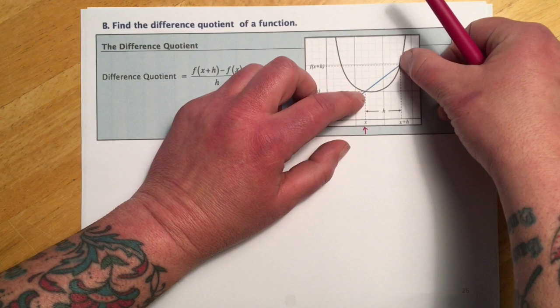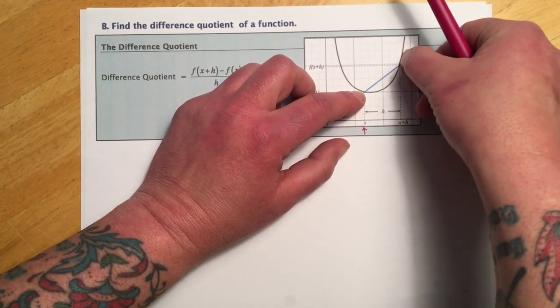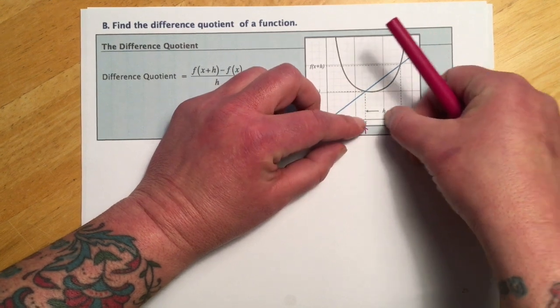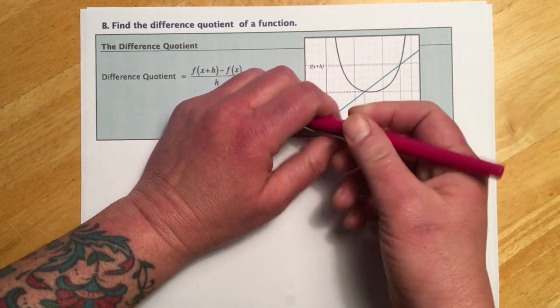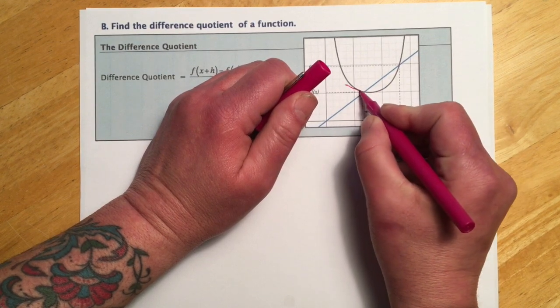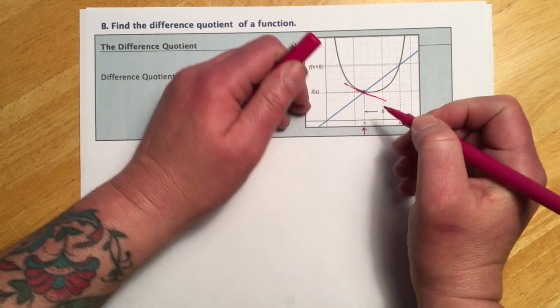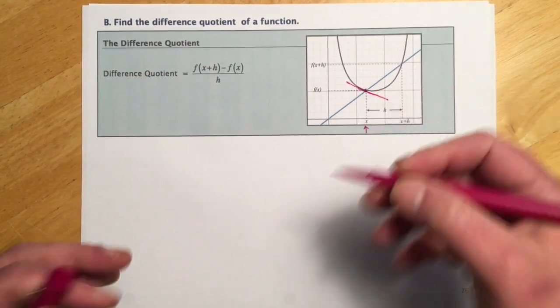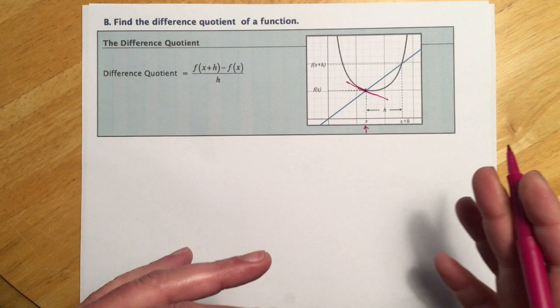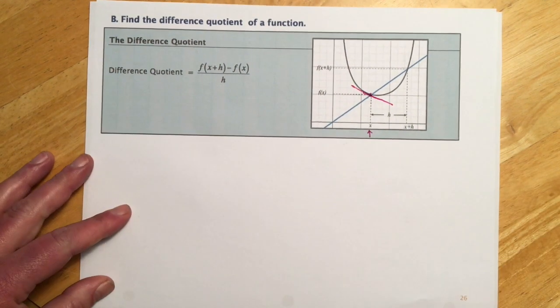But instead of just finding the average rate of change between these 2 points, I can let this point get closer and closer. I can let h go to 0 and get smaller and smaller until this thing would flatten out and I would get a tangent line right there at that point. And it would give me what's called the instantaneous rate of change at a single point. And when we go from average to instantaneous, that's where it's going to become calculus in a couple more quarters.